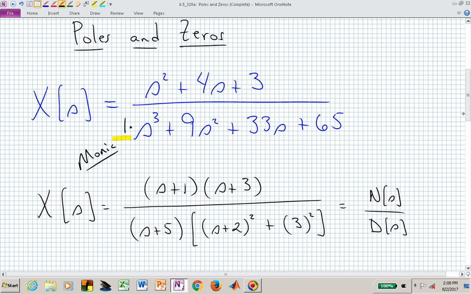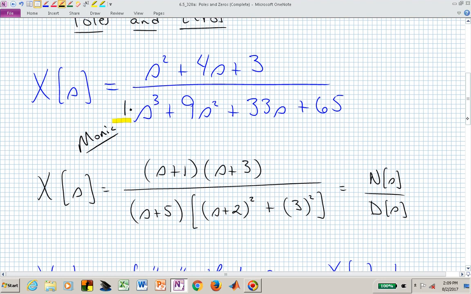The second form that we have written the transform in is factored form, and here we've explicitly factored the denominator into linear factors and quadratic factors. The quadratic factor here, the way that it's written, hopefully you see that this particular quadratic has roots that are equal to -3 plus and minus j3.